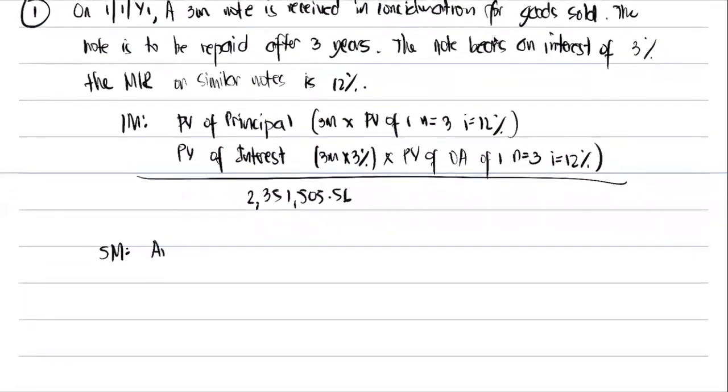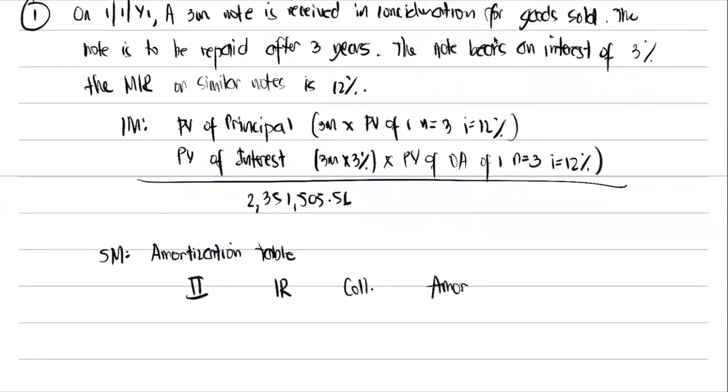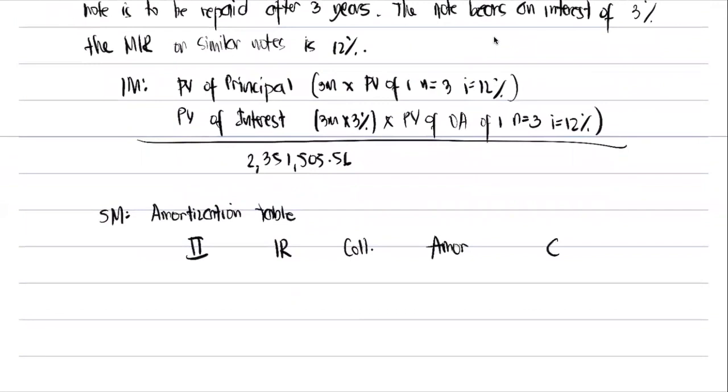We proceed with your subsequent measurement using your amortization table. So first column, we have your interest income. Second column, interest received. Third column, we have your collections. Fourth column, amortization. Fifth column, we have your carrying amount.